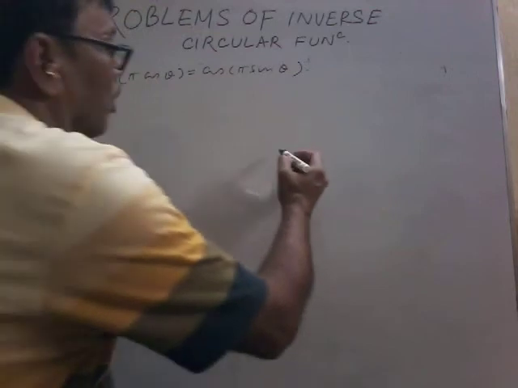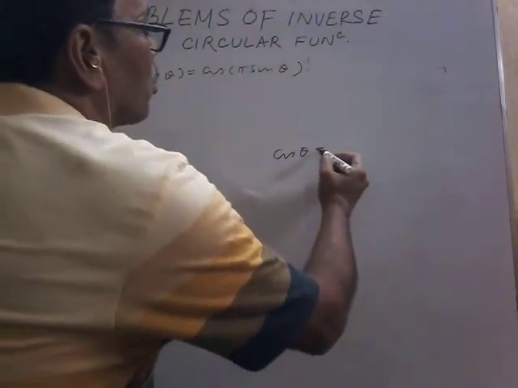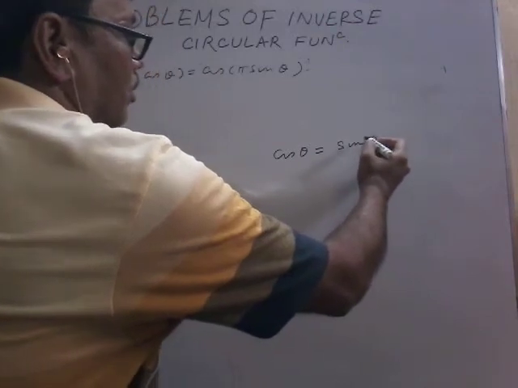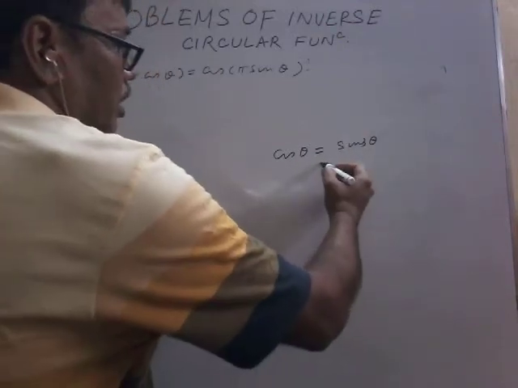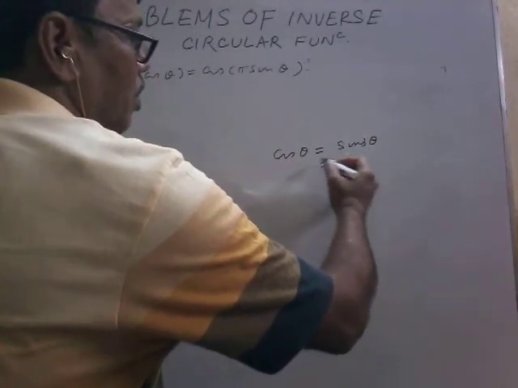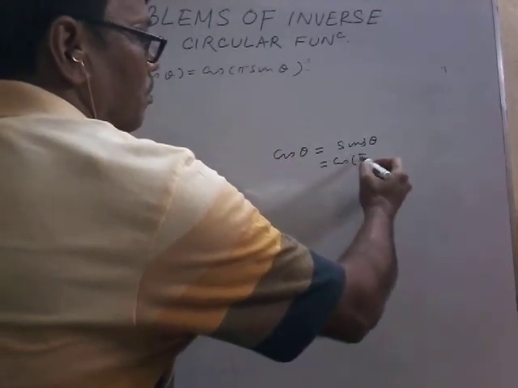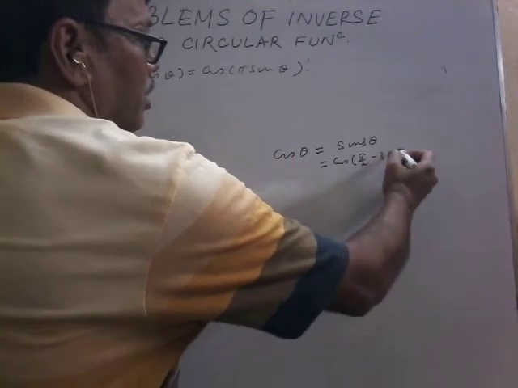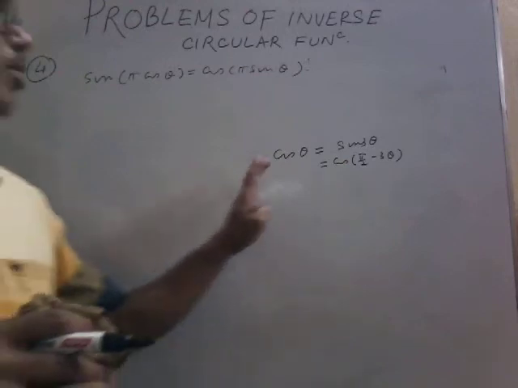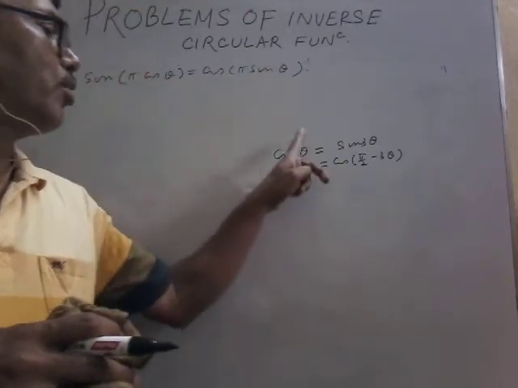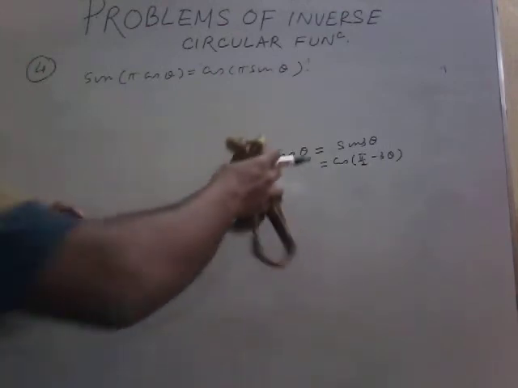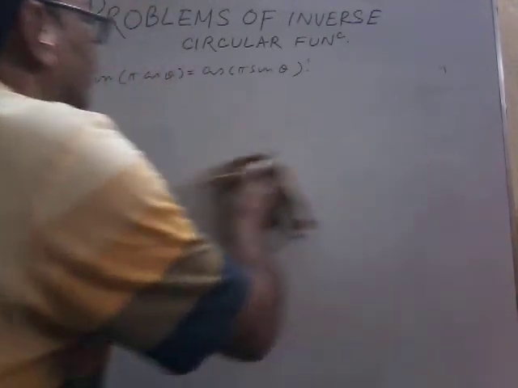So look, you know, if cos theta equals sin 3 theta, suppose, then what is our main aim? You express it in terms of cos(pi by 2 minus 3 theta), as in secondary classes, you know. So equating cos from both sides, you get theta. So we use this principle.